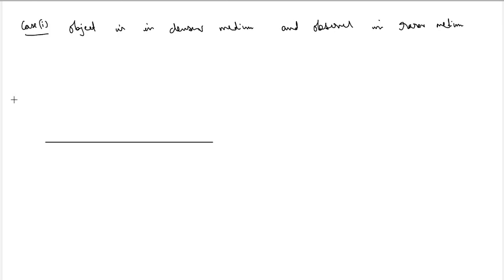Let the above medium be called the rarer medium. So this is the rarer medium and this would be the denser medium. Let their refractive indices be n suffix r and n suffix d. Now imagine that at some point here an object is placed.